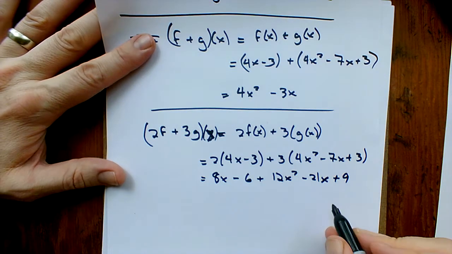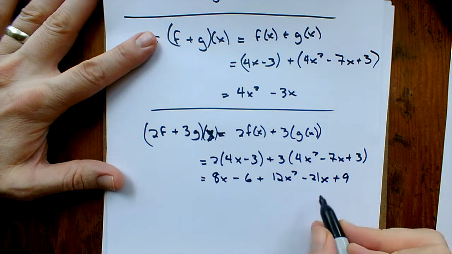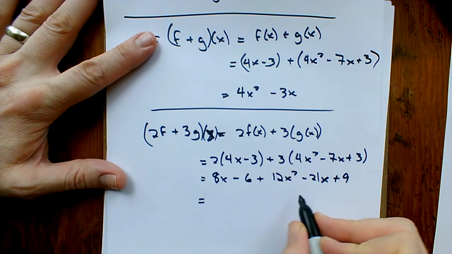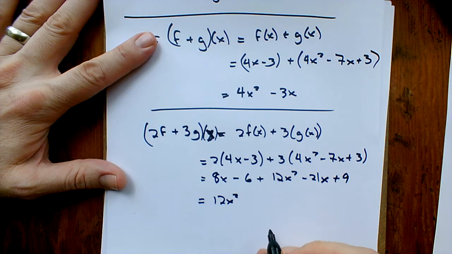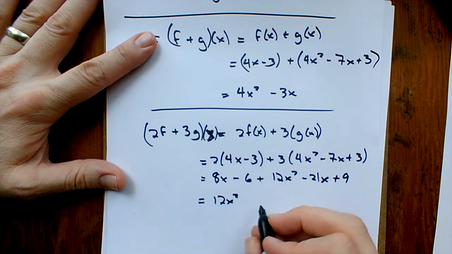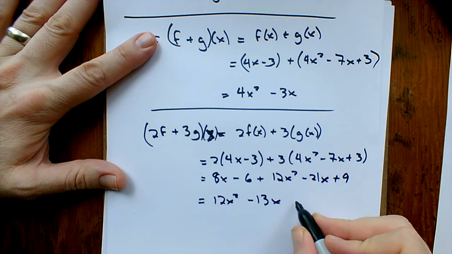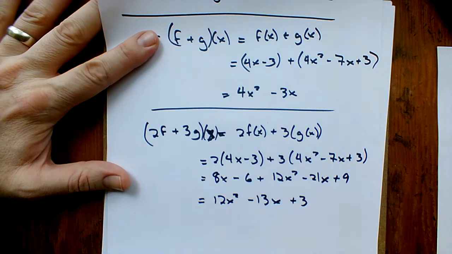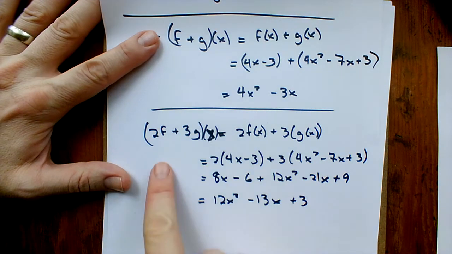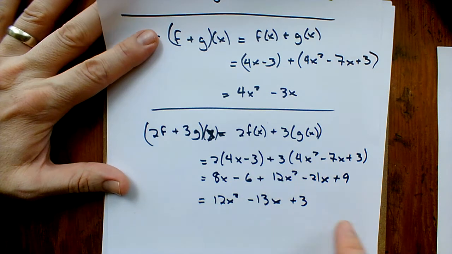And then, just to finish this up, we're going to go ahead and combine our like terms. I will have 12x squared, and 8x minus 21x is going to be minus 13x. And then minus 6 plus 9 is going to be plus 3. So we can see how we can sort of play with this notation a little bit to get some more interesting results.